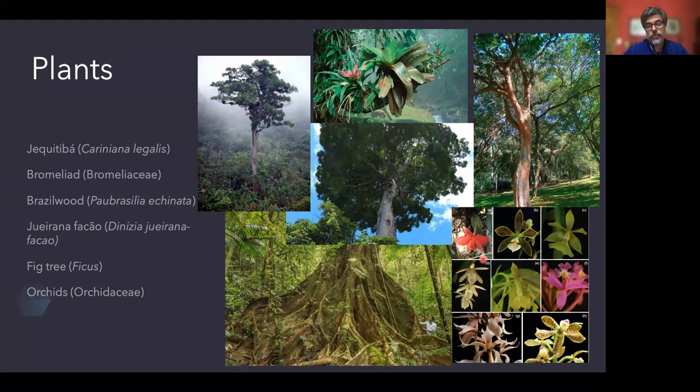They have a commercial value for ornamental purposes, so it's really important to protect the native orchids from the overexploitation that sometimes happens. It's also a very diverse group, usually pollinated by insects, with a very nice system of coevolution between insects and orchids.